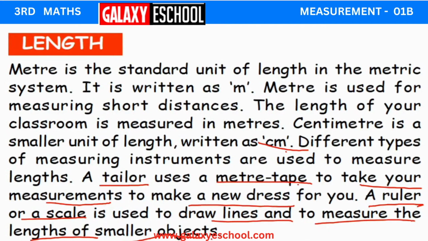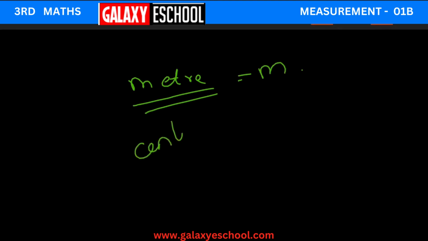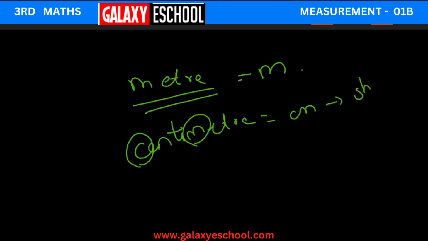Understood, children? What is the difference here? What did we learn? We have meter as the standard unit of measurement. Meter is written as m. And then we have centimeter. Centimeter is written as cm. Now cm, that is centimeter, is used for measuring shorter distances, smaller distances.